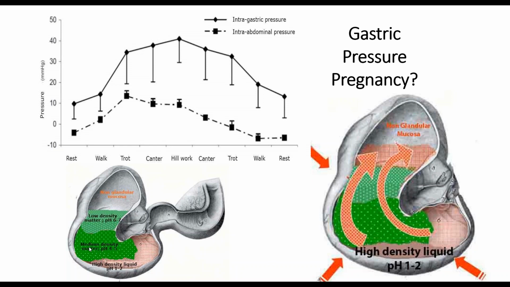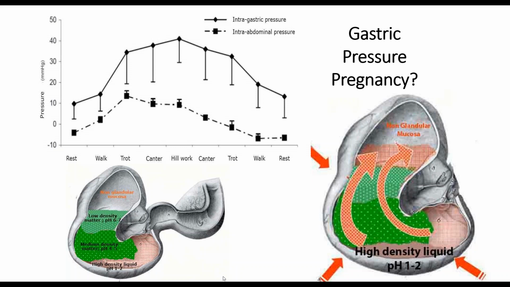Then as we've mixed in more food particles, we have what we call this medium density area where the pH is about 4 to 5. And at the top, we have more saliva and food matter sitting there creating a mat, neutralizing that stomach acid. So as we move up in the stomach, the acidity gets less and less, closer to neutral.